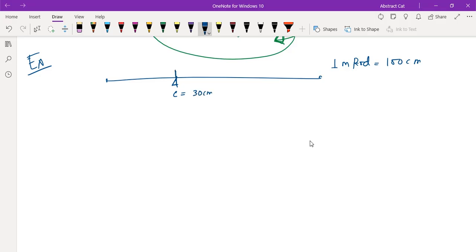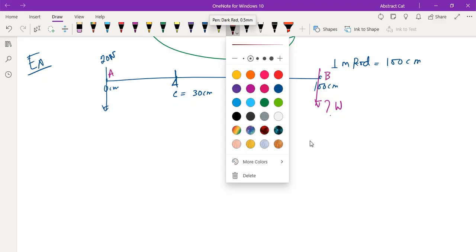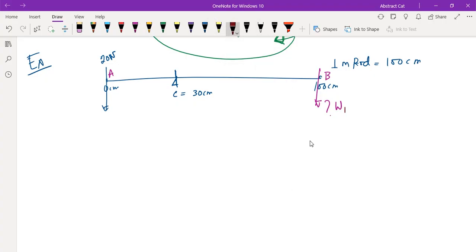That is 0 centimeter, that is 100 centimeter. Some weight is suspended, suppose a 20 Newton weight at point A, and calculate, if the body is in equilibrium, what is the weight suspended at point B?